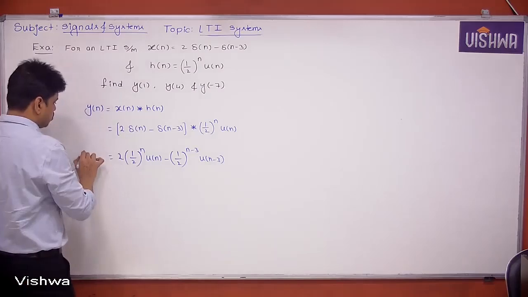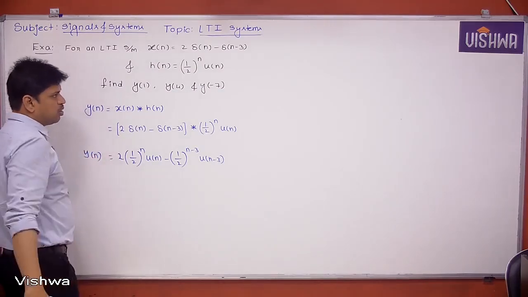So this is what y[n] is. Now one by one, let's see.